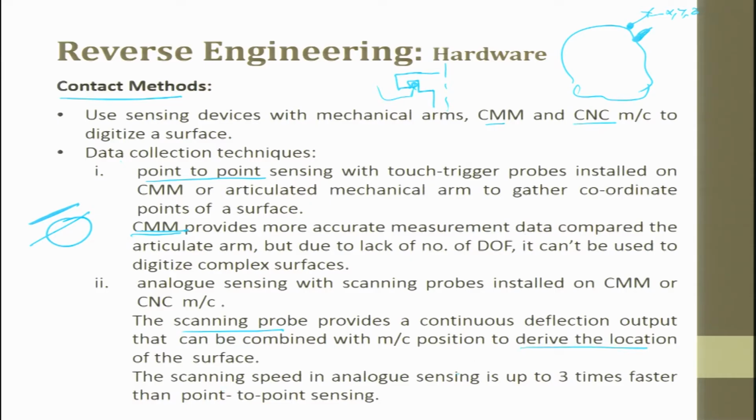You should understand that analogous sensing scanning speeds are up to 3 times faster than point to point sensing.